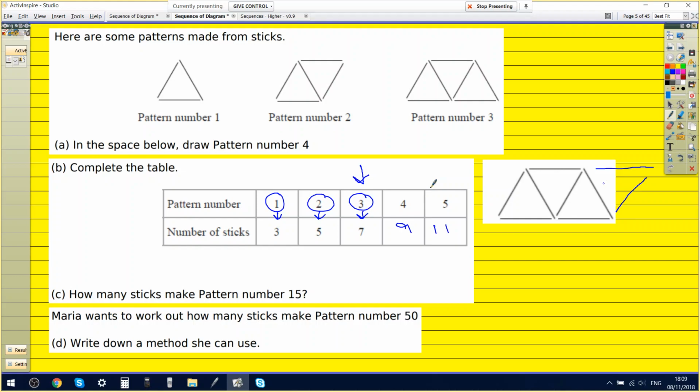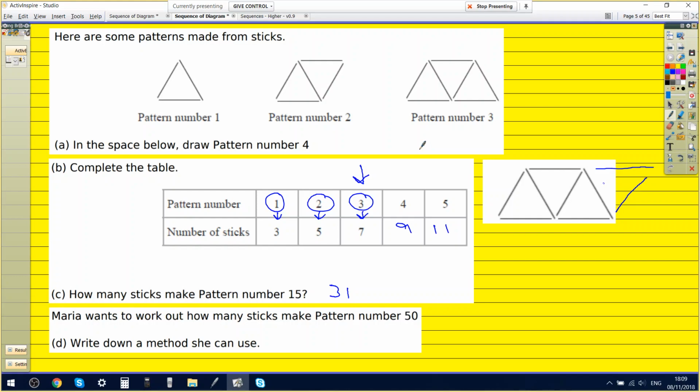And so how can you use that to get how many are in pattern 15? Double it and add 1 onto it. And what do you get? 31. And part D. Oh, she can use the method we just used.